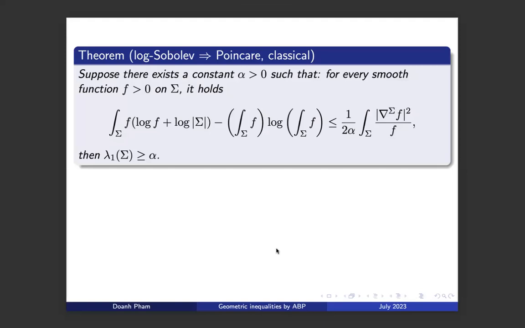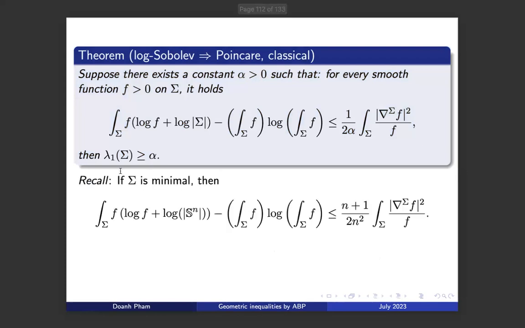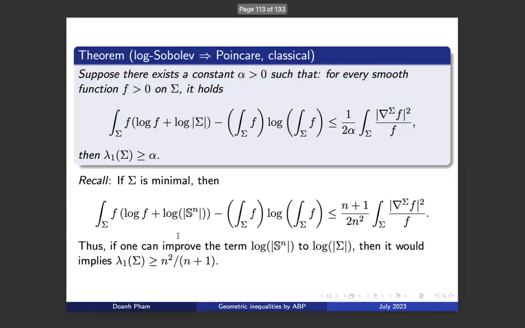The relation between Yau's conjecture and log Sobolev is supported by the classical fact saying that if there is a constant alpha greater than 0 so that the following log Sobolev inequality holds, then lambda 1, the first eigenvalue, has to be at least alpha. So we put our log Sobolev inequality here for comparison.